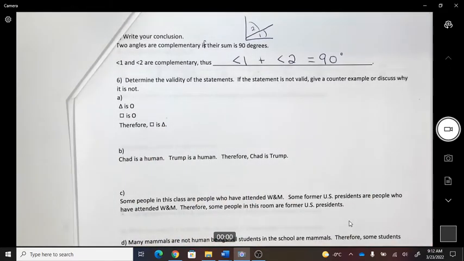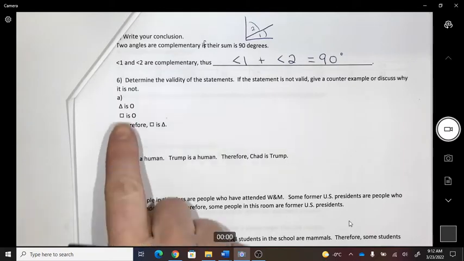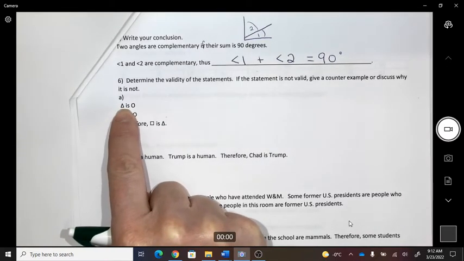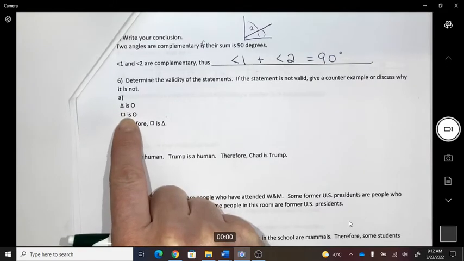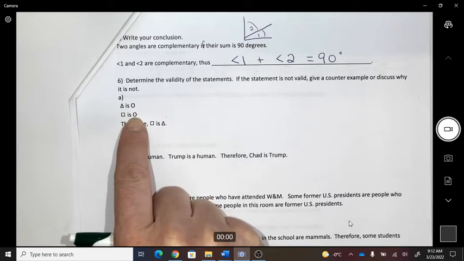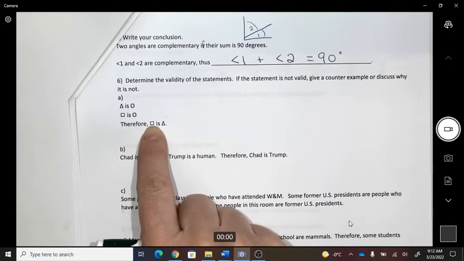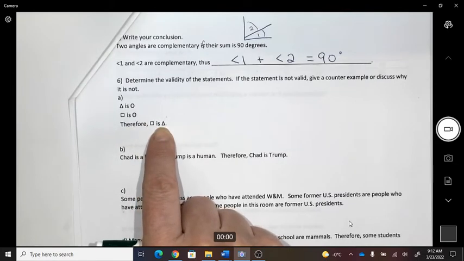Question 6, there's a bunch of statements here. We're going to talk about, does it make sense? Are they valid? Okay, so A says, if a triangle is equal to a circle, and the square is equal to a circle, I can conclude that the square is the same as a triangle. Would that make sense to you?